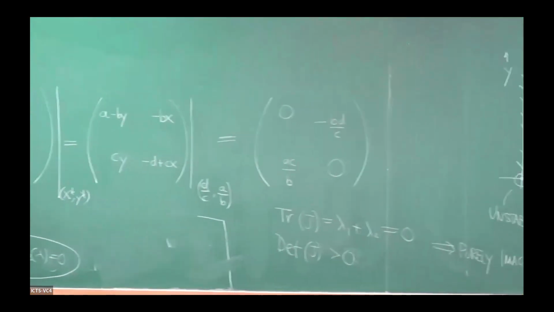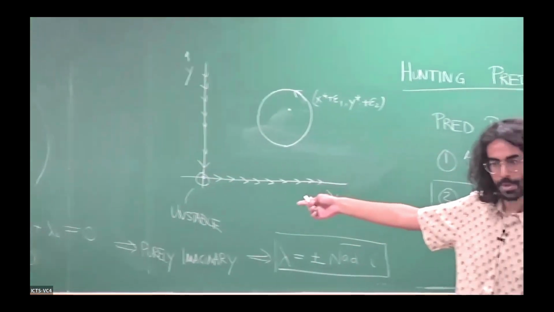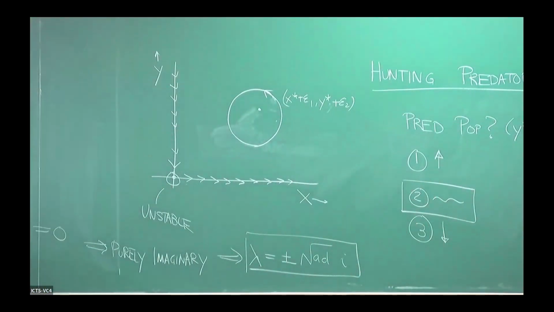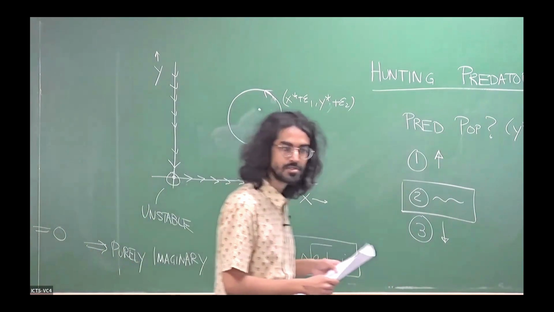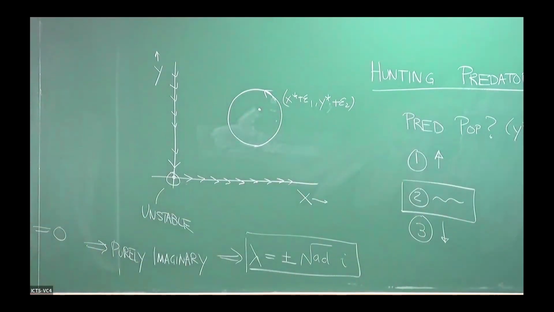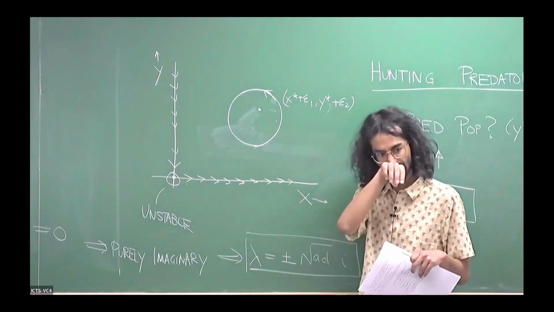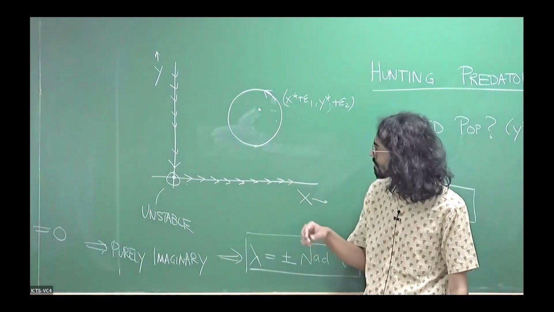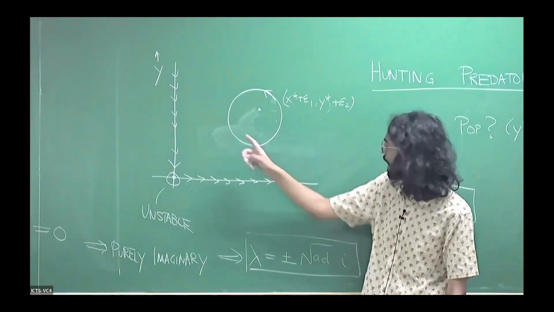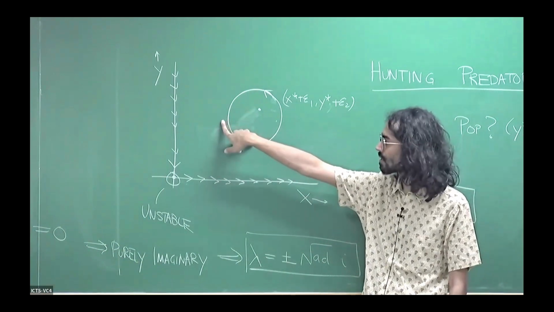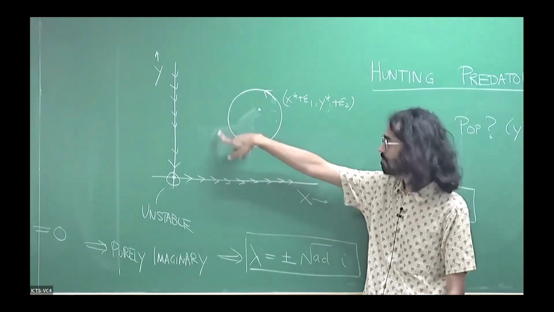Right, and in particular, you can get solutions for both the predator and the prey. Will they be in phase? Pi by 2 phase difference, and how do I see that? The minima of x and the minima of y are shifted by pi by 2.